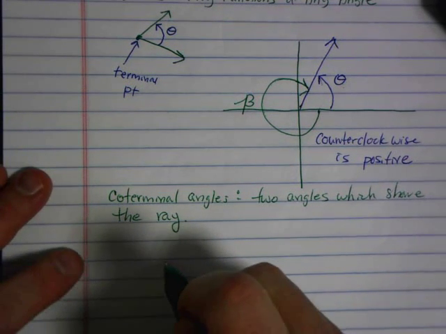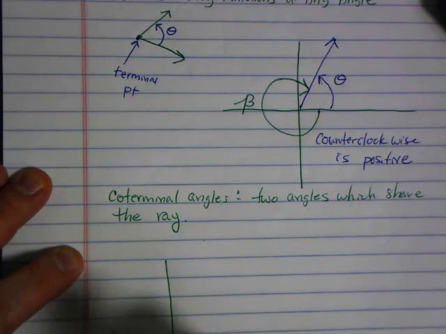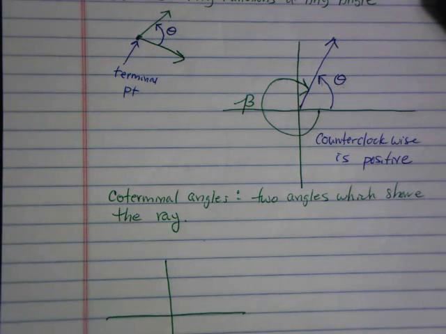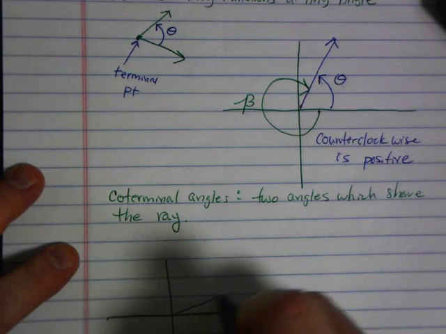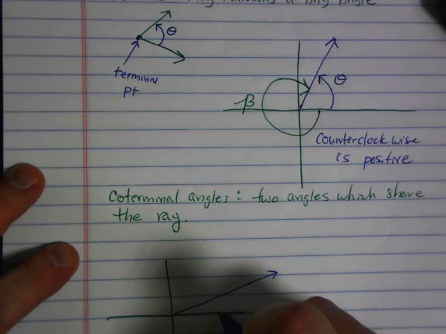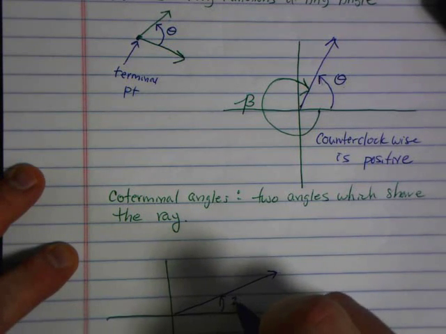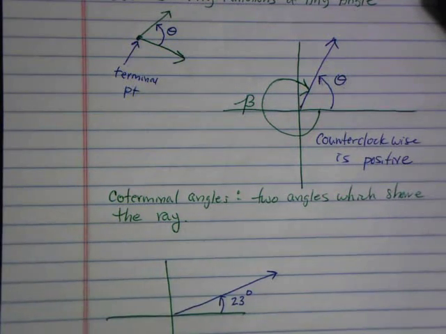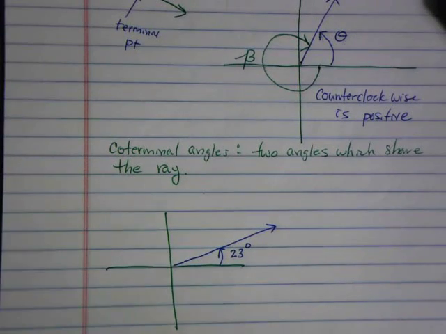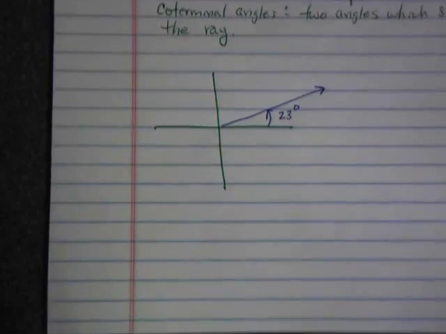Okay, so I'm going to draw an angle for you here. Here's an angle, and I'm going to tell you that that angle happens to be 23 degrees. Believe it or not, that's 23 degrees.